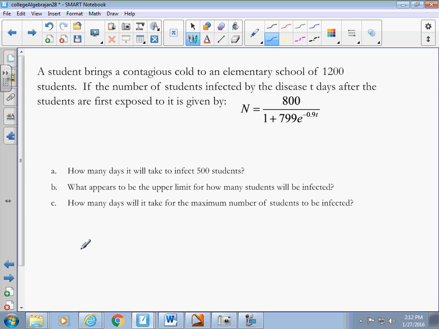Okay. This is a different formula. You don't need to know it. They will always give it to you, but I just wanted you to be aware of it. This formula comes up in biology, and it's an exponential growth with a limiting factor formula. What that means is population grows exponentially, sort of.